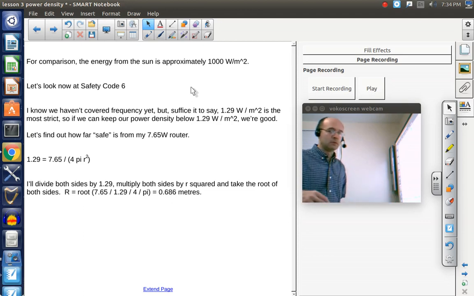We can harness that with solar panels and solar-powered water heaters, etc. But just to put things in perspective, that's 1,000 watts per square meter. Now you might want to take protective measures in this summer. You might want to put some sunscreen on, or wear some sort of footwear so your feet don't get burnt at that level. But nevertheless, that's a typical amount of power for the sunlight.